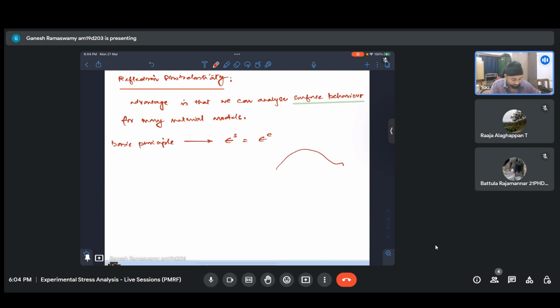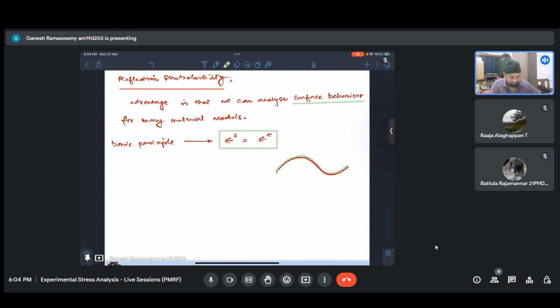For example, let us say this is the specimen surface, and then we paste a photoelastic coating material over this, with the assumption that it is bonded properly and the adhesive holds. We take it that the surface strains from the specimen to the coating are faithfully transferred. This is the basic principle behind which we develop the conceptual details.